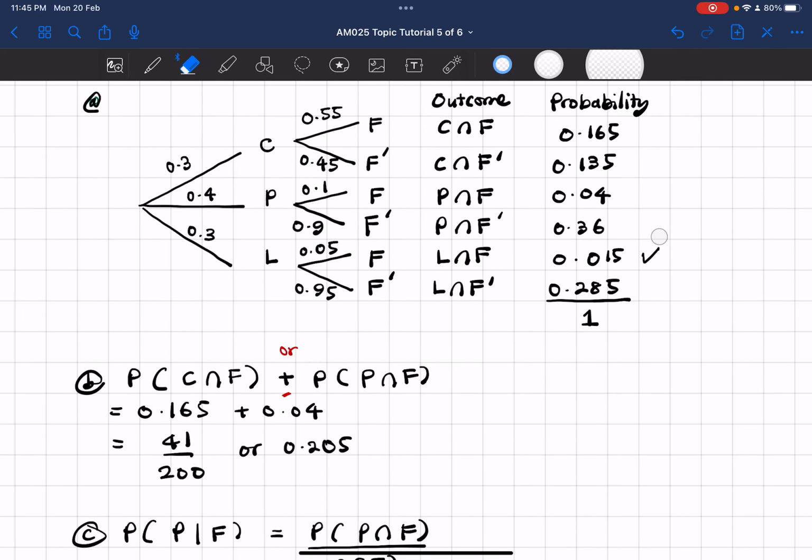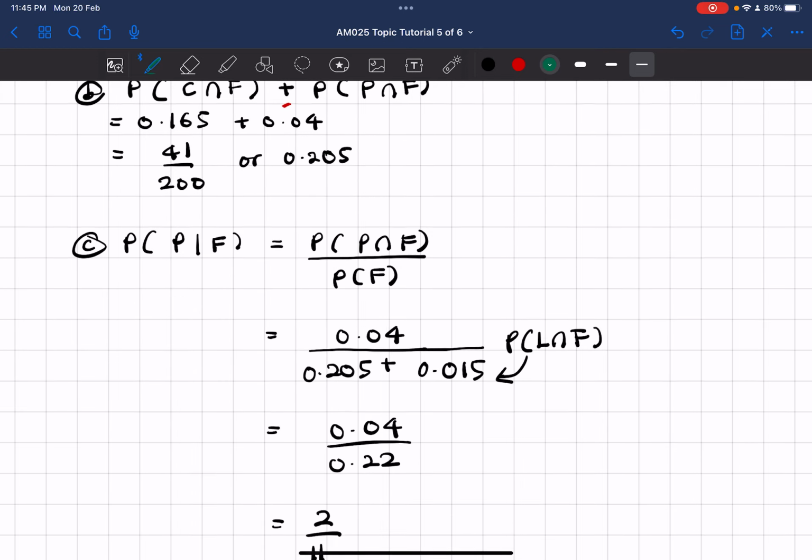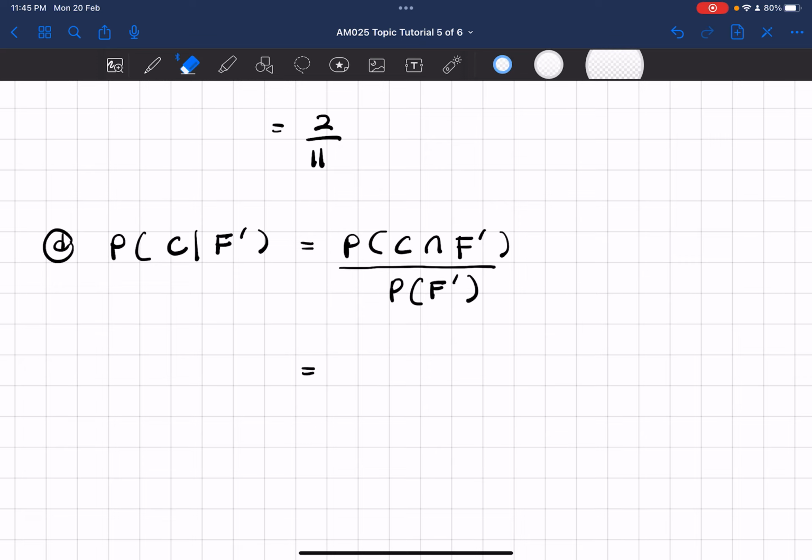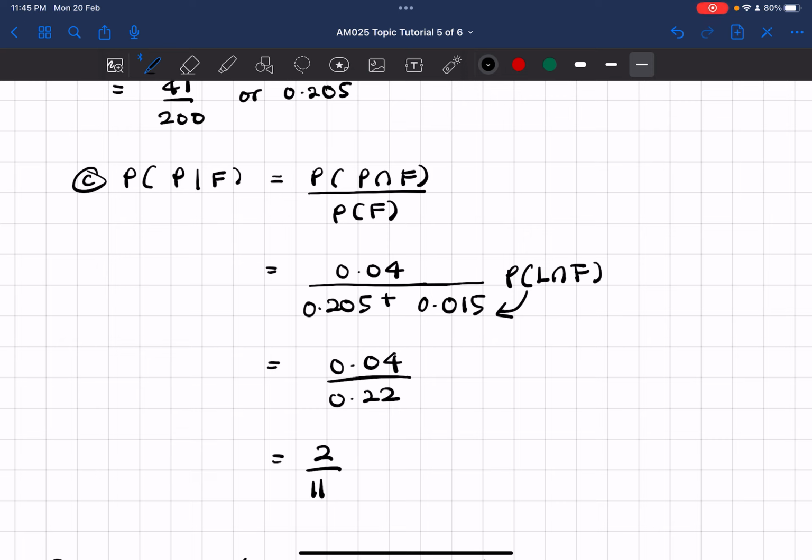It is 0.135. So 0.135 divided by the complement of F. So where is the complement of F?